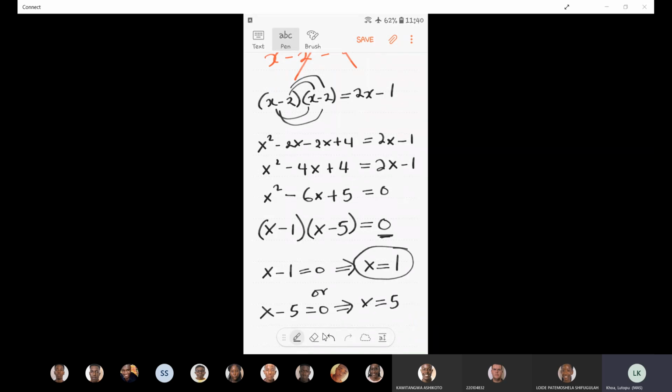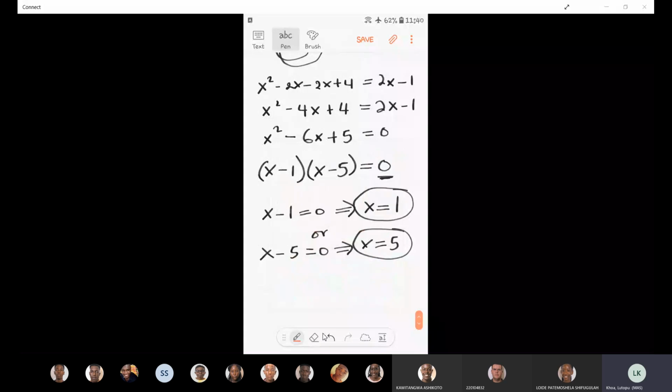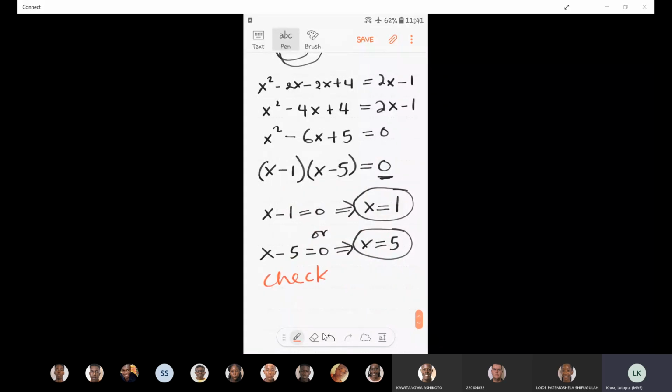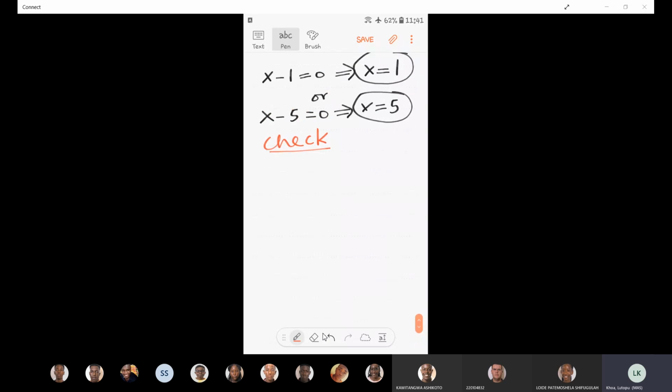So these are the two solutions that I have got. What I need to do now is check if they are indeed solutions. Are they both valid? So to do the check, I will substitute them back into the original equation.